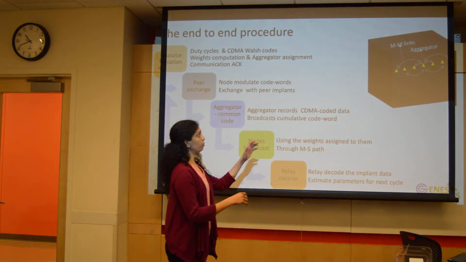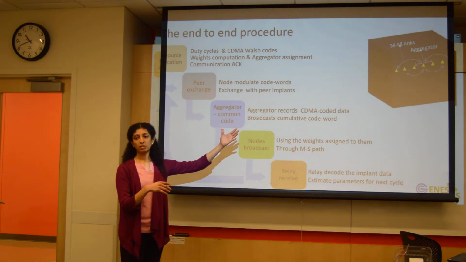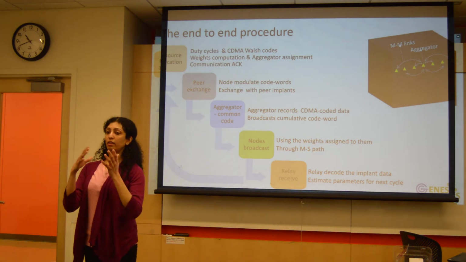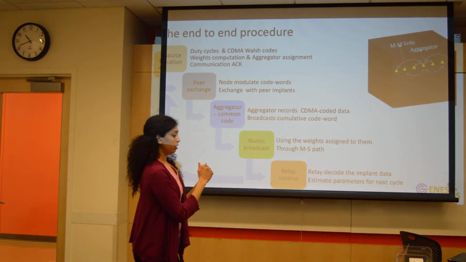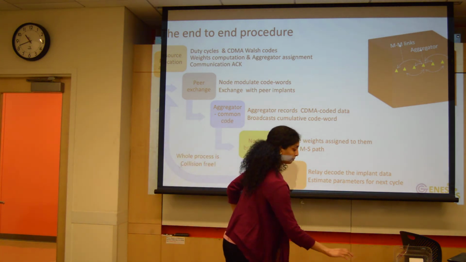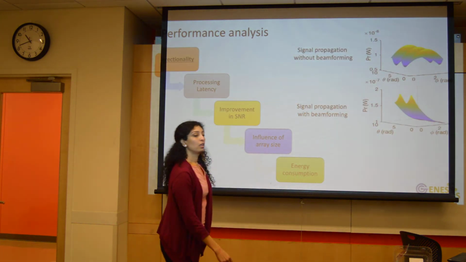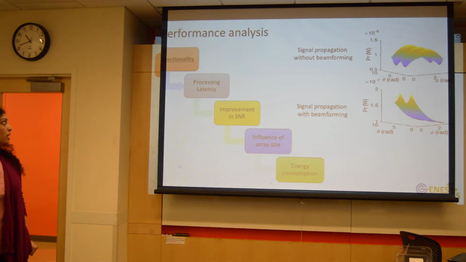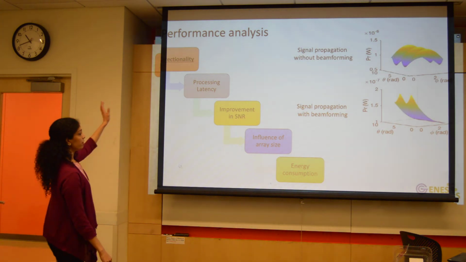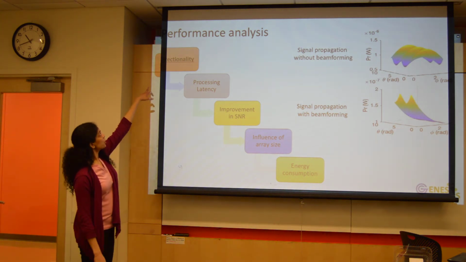So if you see the whole process, even though the implants can transmit their data at any time before the beam forming, they don't collide with each other. So we analyze this proposed algorithm in terms of 5 different parameters. One is directionality.